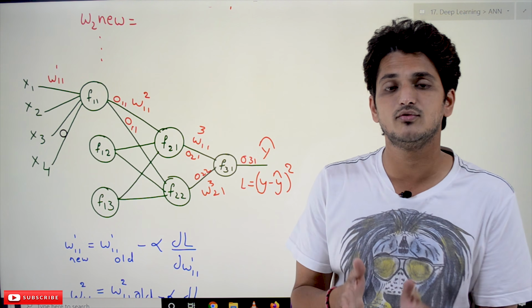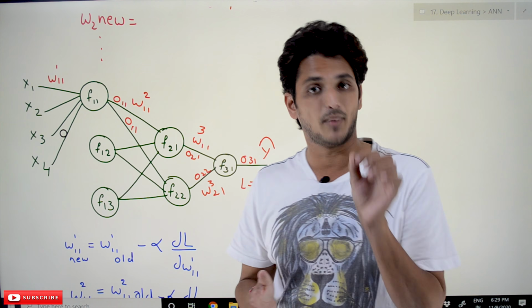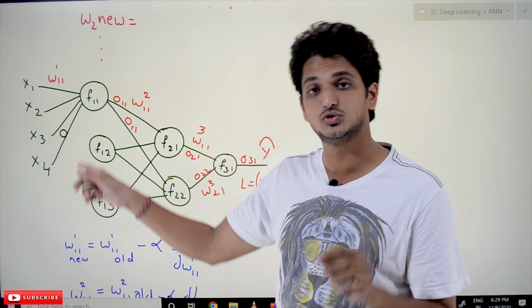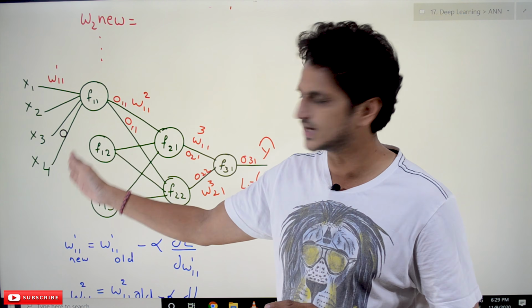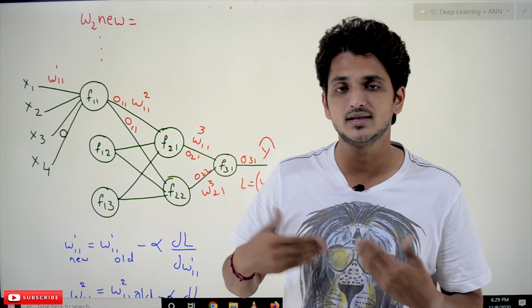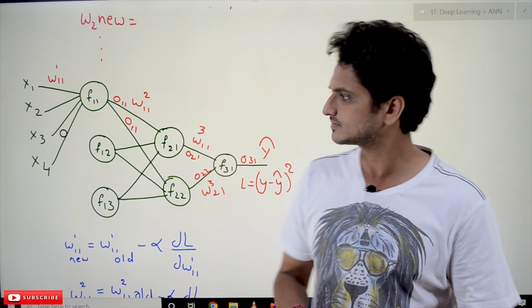To avoid confusion, we have not written the bias term W0 also, but we have to add the W0 also.